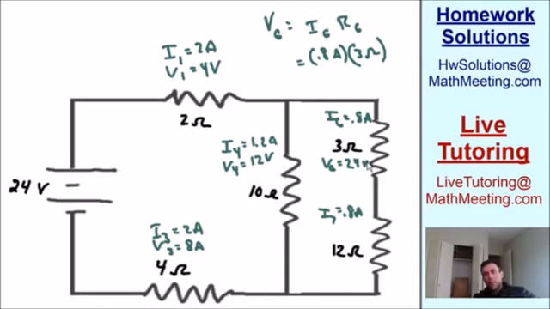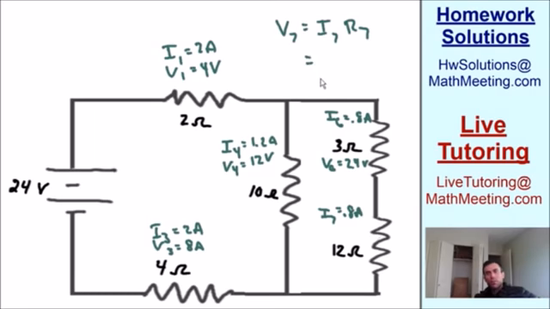All right, so now let's move on to resistor number 7. We know that the voltage across resistor number 7 is equal to the current of 7 multiplied times the resistance of 7. This is equal to the current, which is 0.8. So we have 0.8 amps multiplied times the resistance. The resistance we know is 12 ohms. 0.8 times 12 is equal to 9.6.